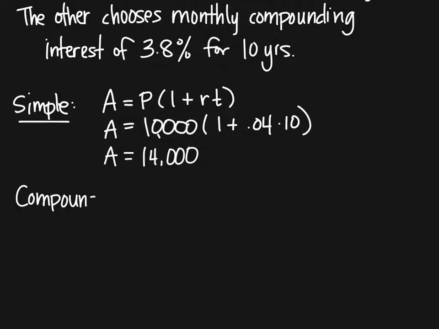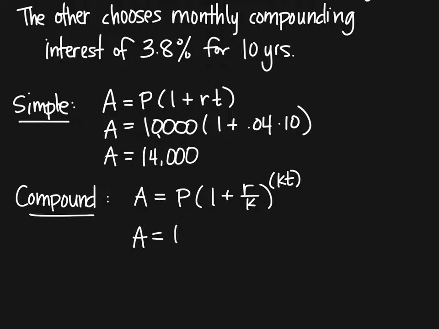Okay. All right, let's do the compound and let's compare that. The other sister is using the compound formula. So that's A equals P(1 plus R divided by K) to the power KT. So A will be 10,000(1 plus, the R is 3.8, so that's 0.038 over what number? 12.